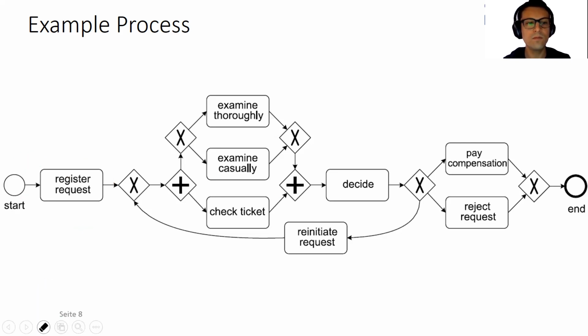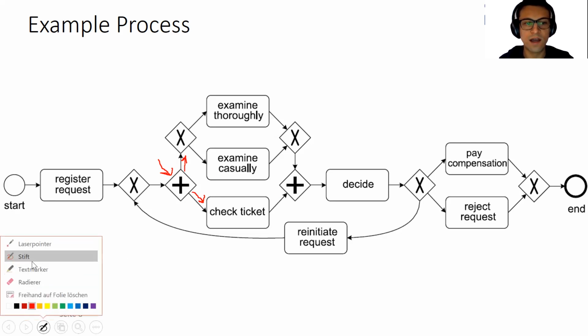Then we encounter the first choice point, and we're coming from the register request, so we merge onto our first choice point. Then we hit our first concurrency point here, and so we split up in both directions. One half of us goes that way, the other half of us goes that way.